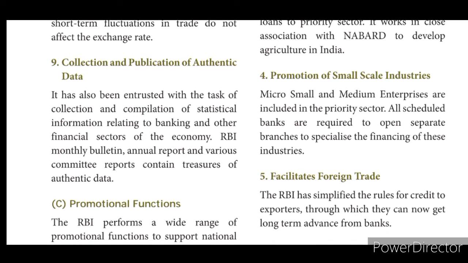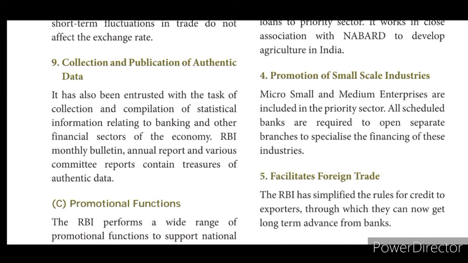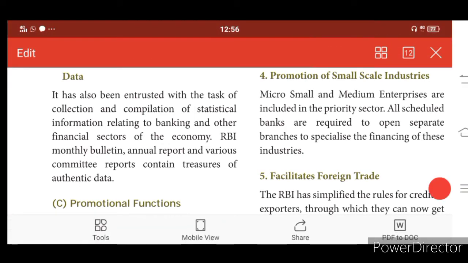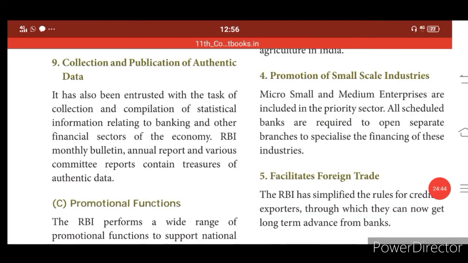The RBI is trusted as the collection agent for this data, and they keep it for future statistical reports. Monthly they have a bulletin, they have an annual report, and various committee reports also contain treasuries of authentic data. So that is also maintained by the RBI only.